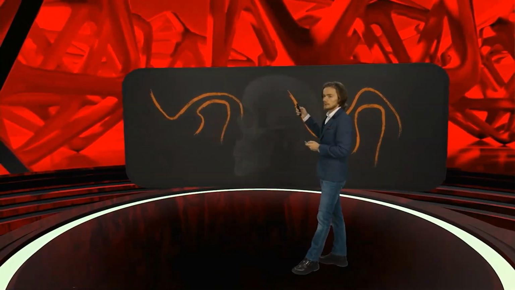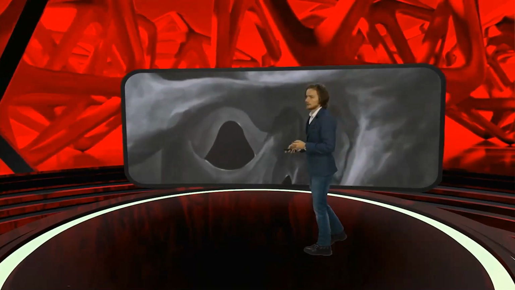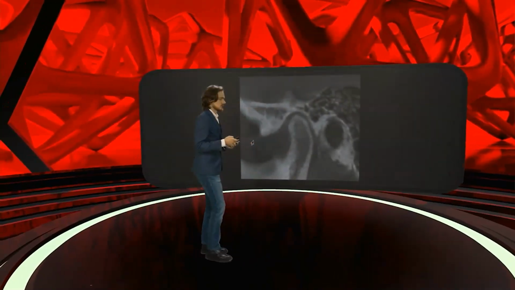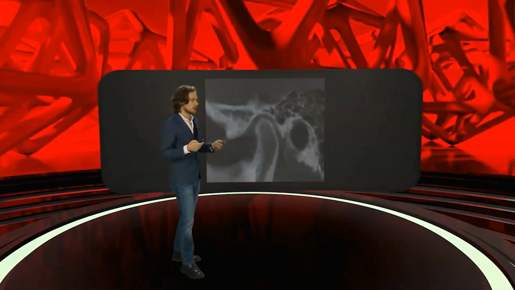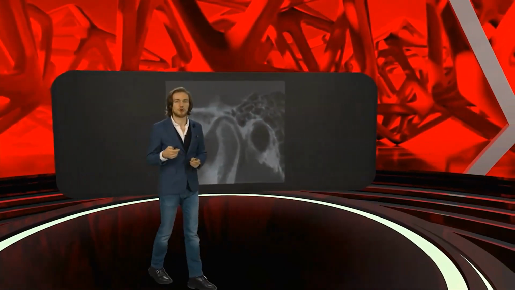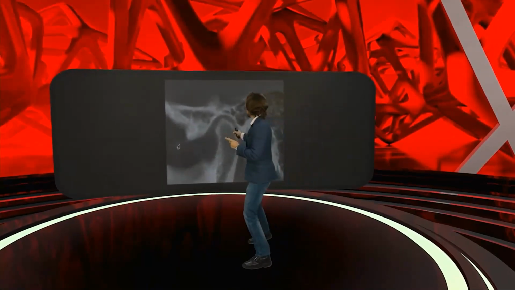So, coming back to our skull and to our condyle, this is what we see on the CBCT if we talk about a sagittal projection. Now, is it a good position or bad position? Is there a space for the disc? You're happy because you see the symmetry, right?